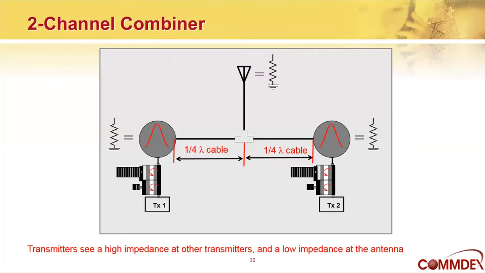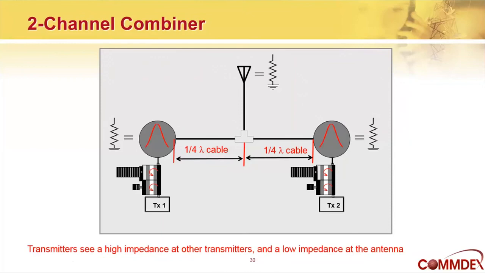And that quarter wavelength transmission line is going to look like an open circuit, and it's going to pass through no problem, and it'll get to the junction point, the T in the middle. It'll see a low impedance path out to the antenna, but when it looks towards the other transmitter, it now sees 2 lengths of transmission line. A quarter wave and a quarter wave equals a half wave, and a half wavelength of transmission line looks like a high impedance path.